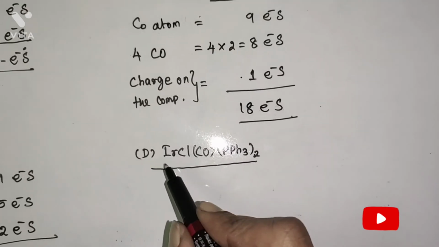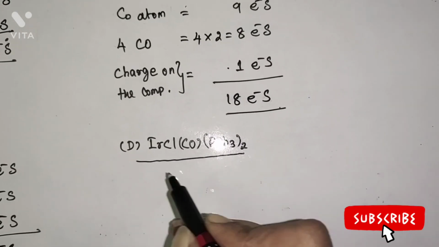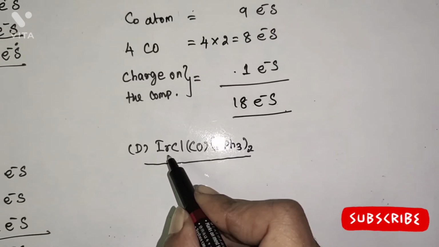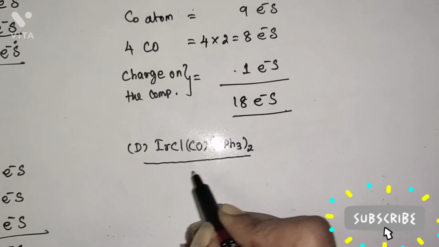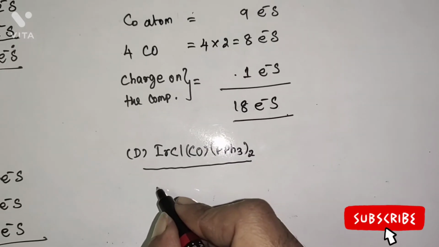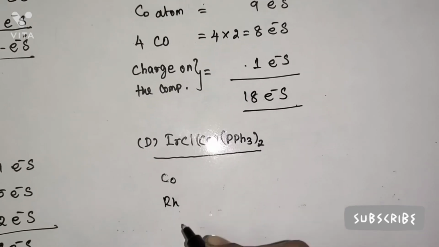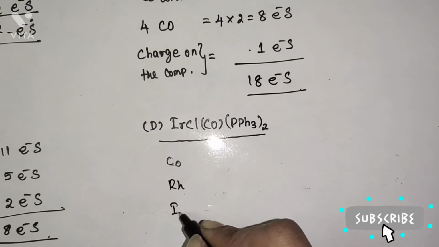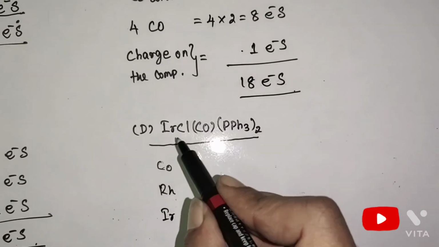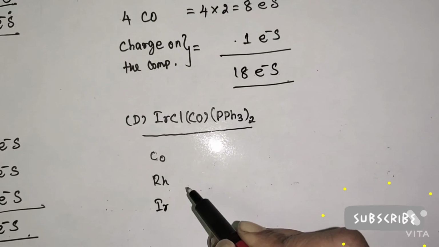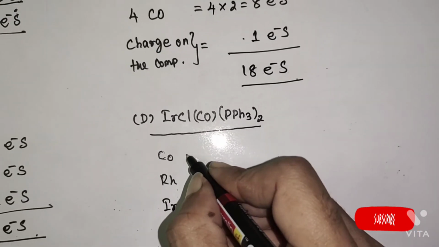Next compound is IrCl(CO)(PPh3)2. Iridium is a group 9 element, the cobalt group. In group 9, cobalt, rhodium and iridium are present, so the outer electronic configuration of iridium is similar to cobalt.